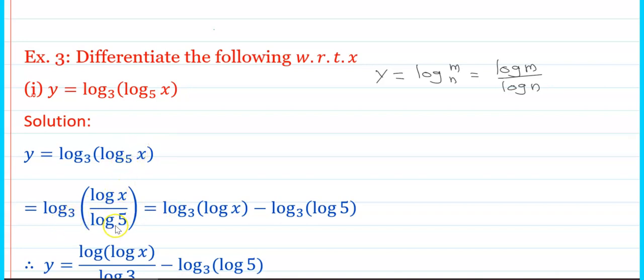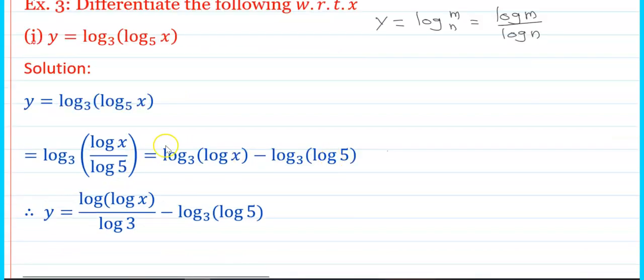Log of x upon log of 5. By using the rule log of m to the base n is equals to log of m upon log of n, we have written this, log of 3 is as it is. Log of x to the base 5 can be written as log of x upon log of 5.